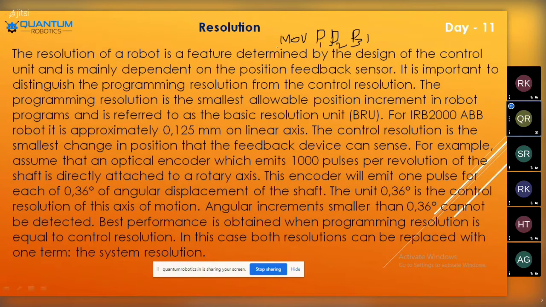This is the move command. After the P1 command is executed, meaning point one is executed, it moves to point two, then to point three. After point three, the job condition comes, and here we have to give the pick command.